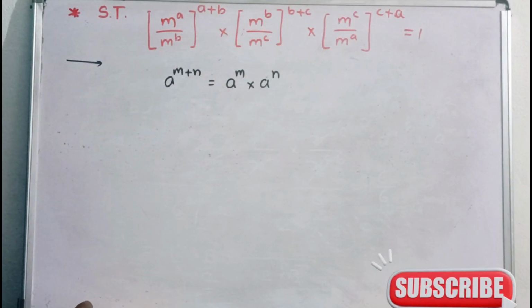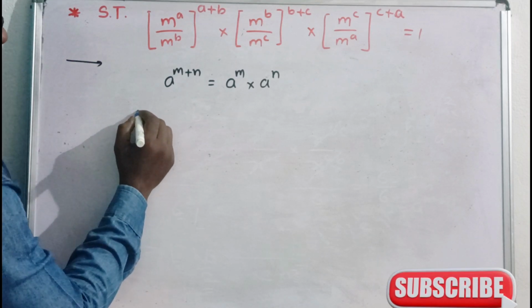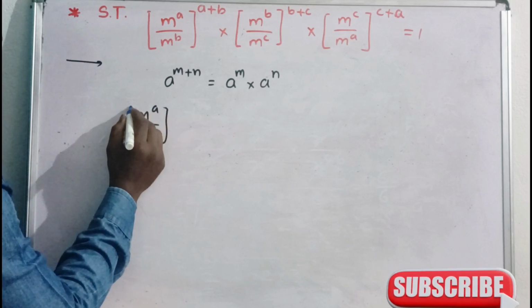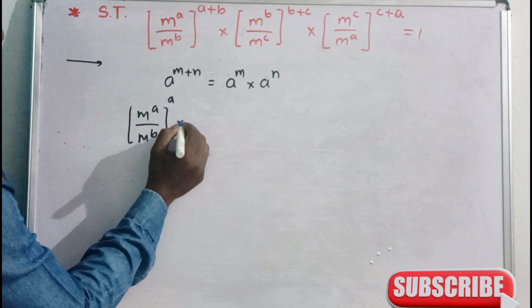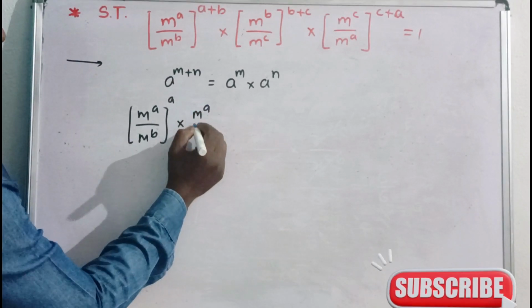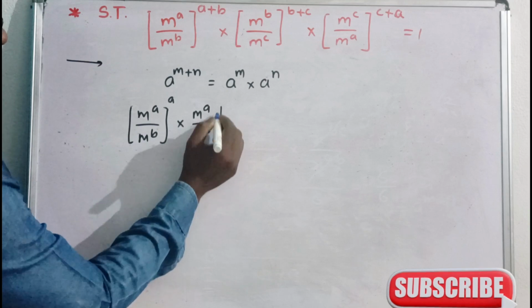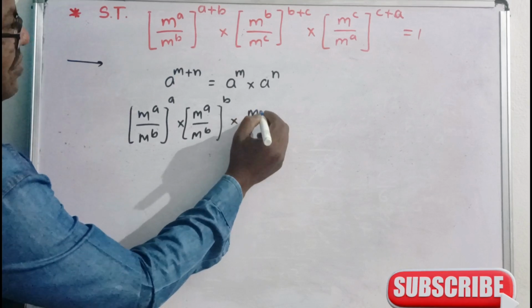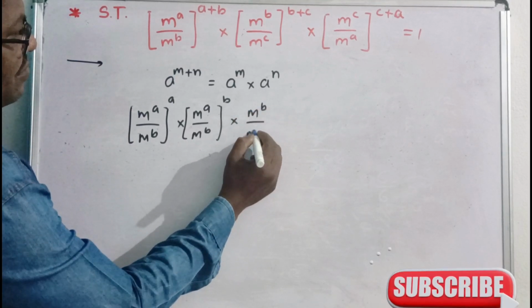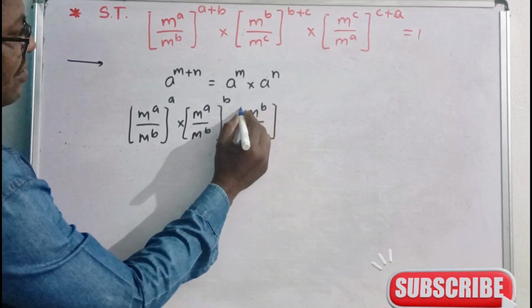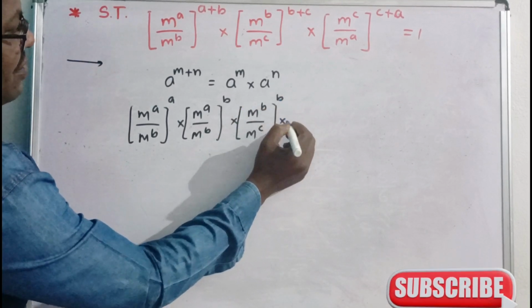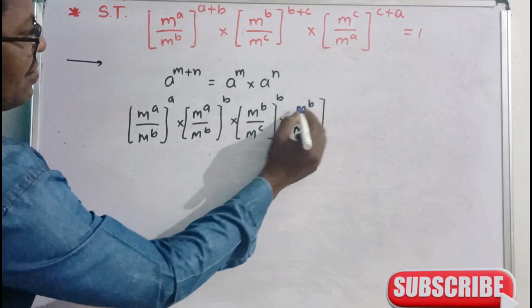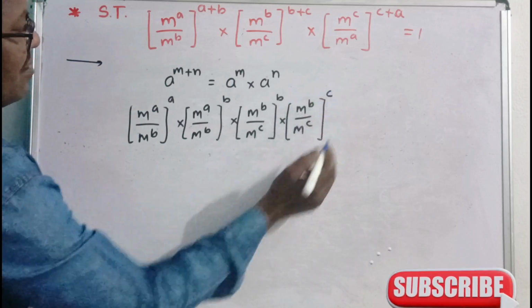We want to separate (m^a / m^b)^a into (m^a / m^b)^b, into (m^b / m^c)^b, into (m^b / m^c)^c.